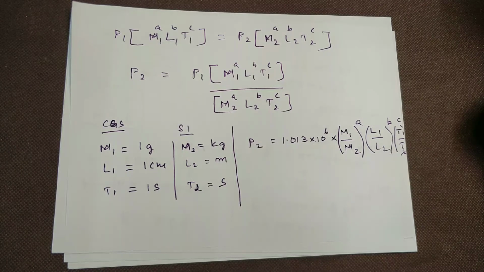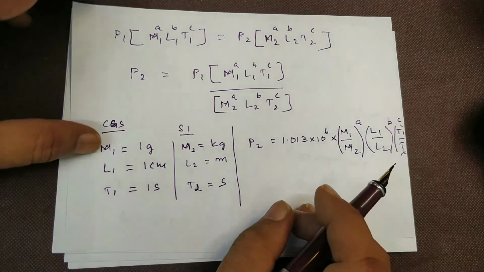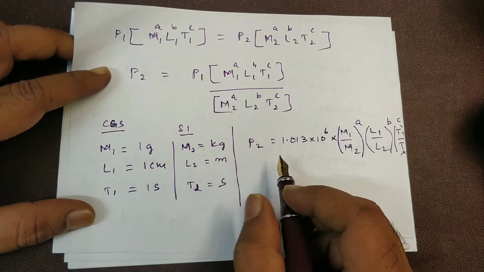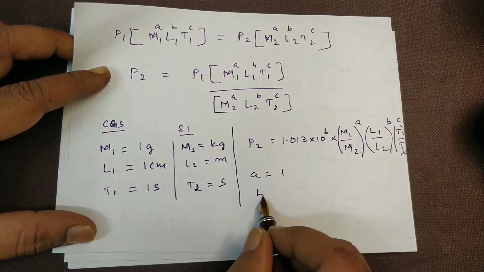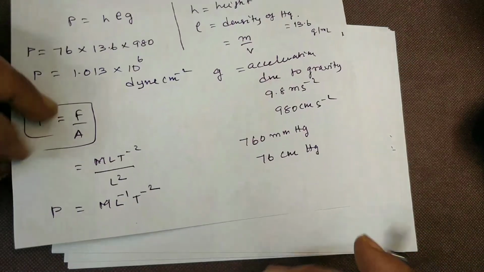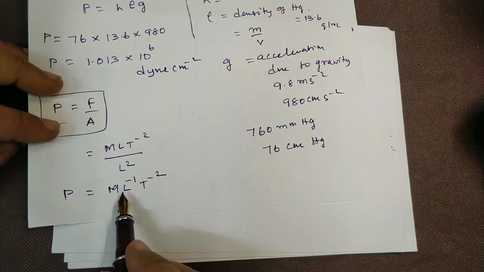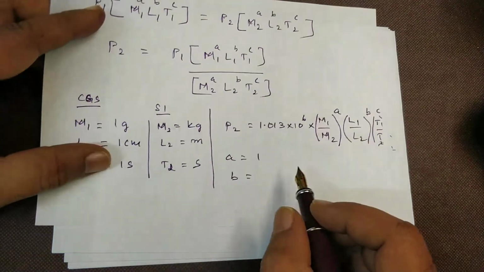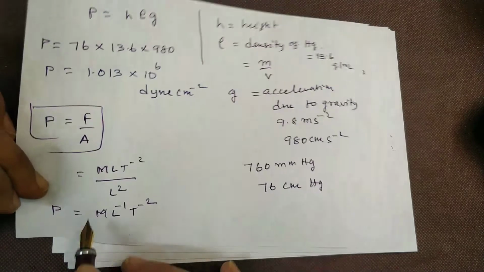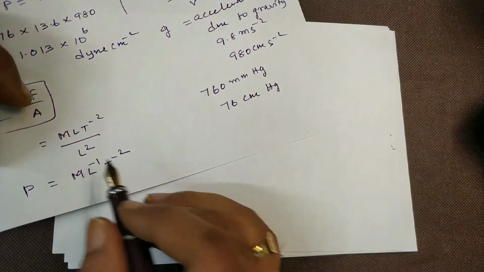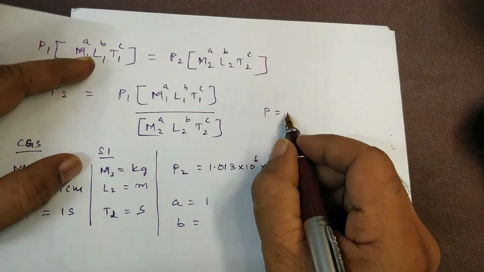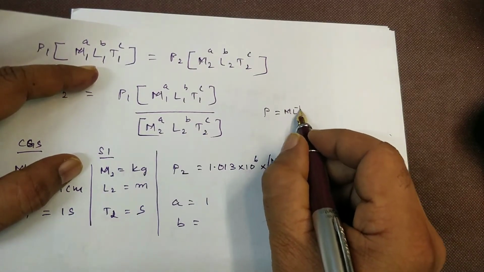Got it? Now let us replace the values of a, b, c. We already know the P value, that is P is equal to M L power minus 1 T power minus 2.